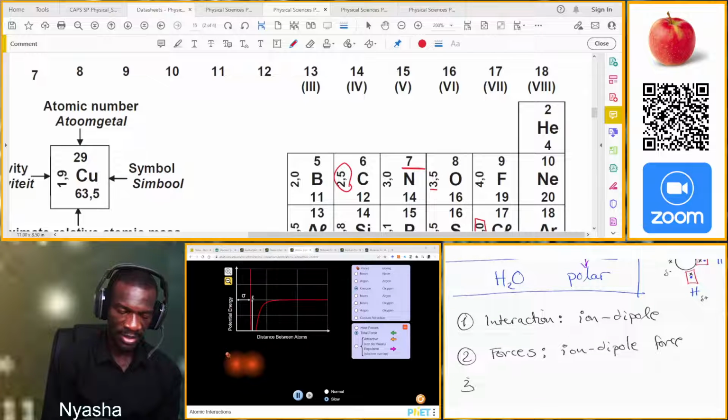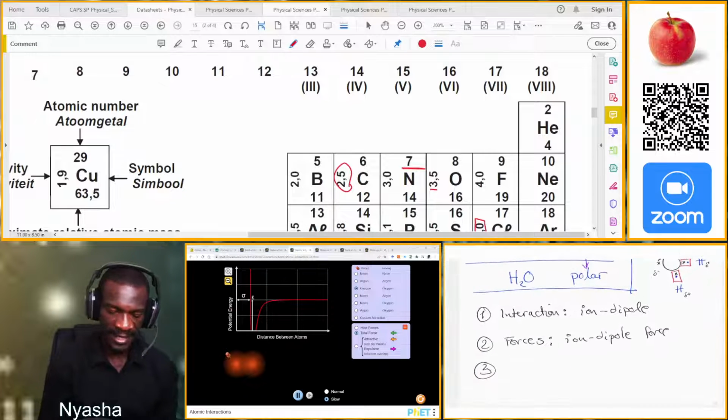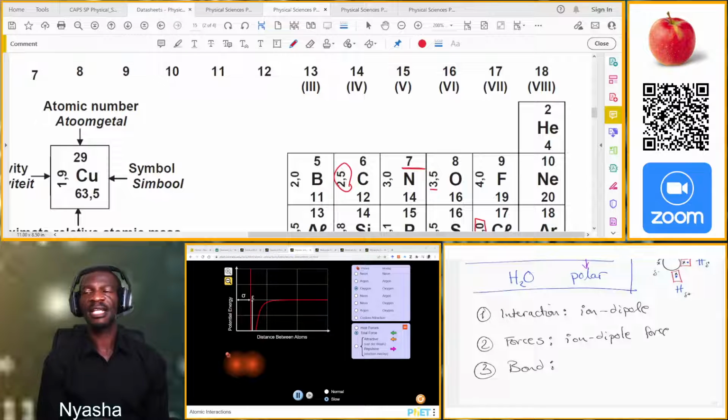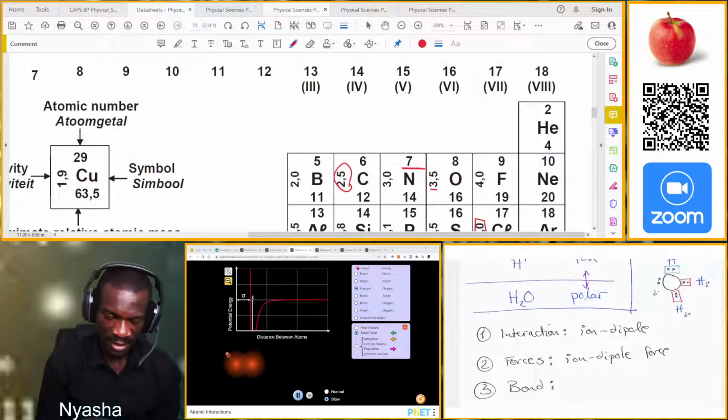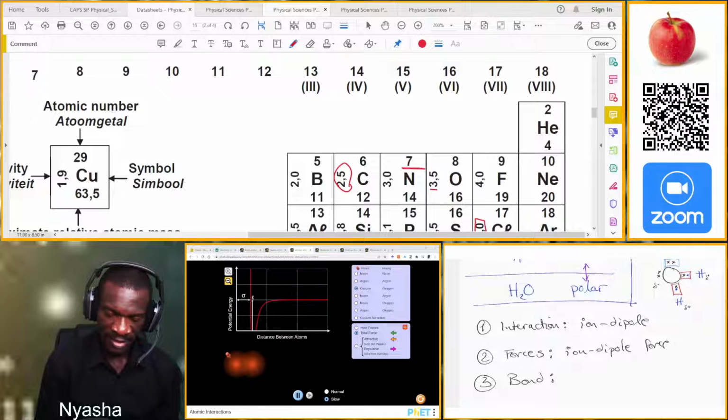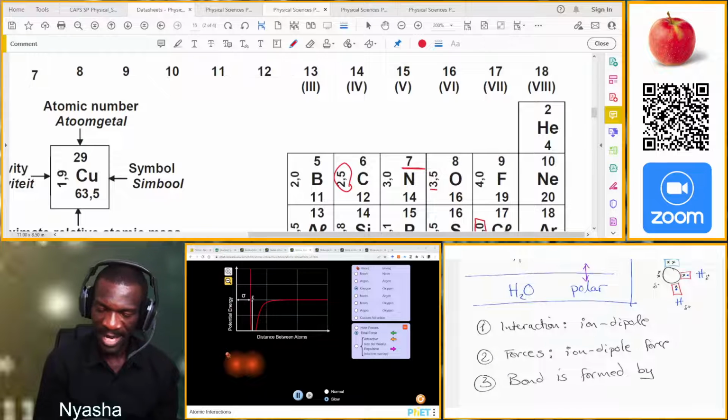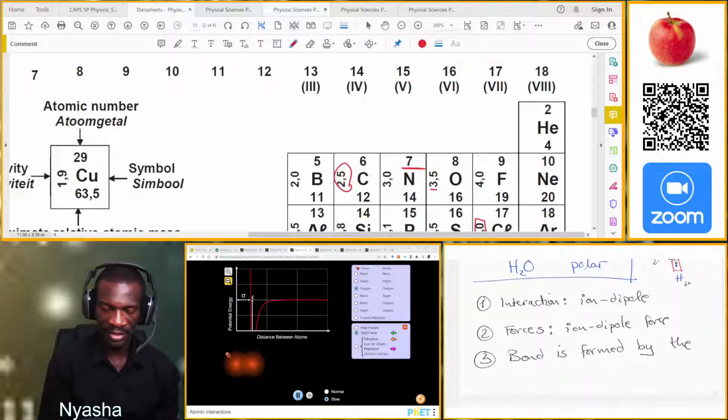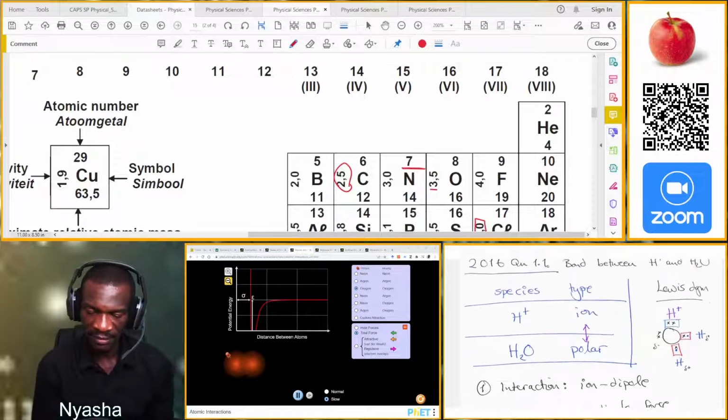Then when the hydrogen has been pulled, the bond is formed by any of the two lone pairs.